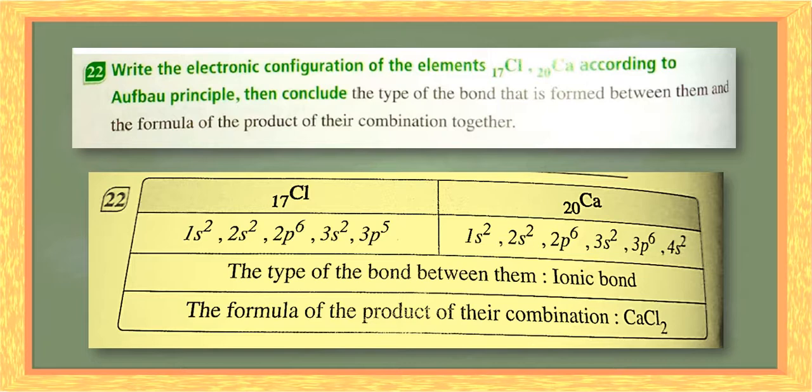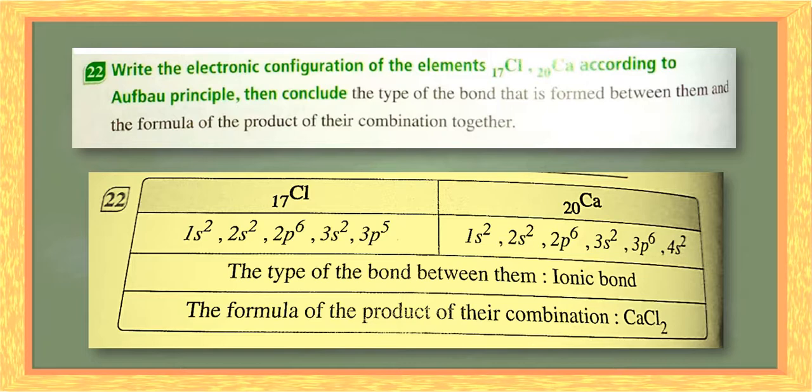Calcium gives its two electrons to two atoms of chlorine, each taking one electron from the calcium atom, so the formula of the product will be CaCl2.